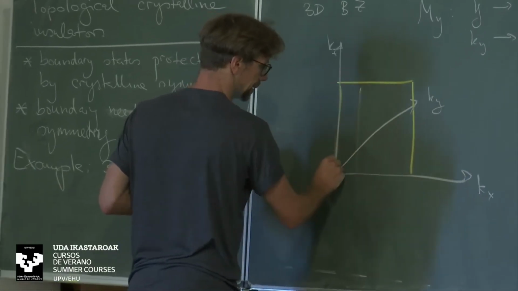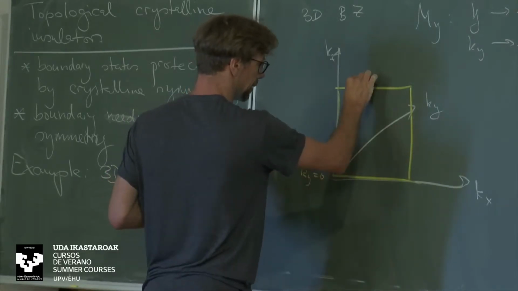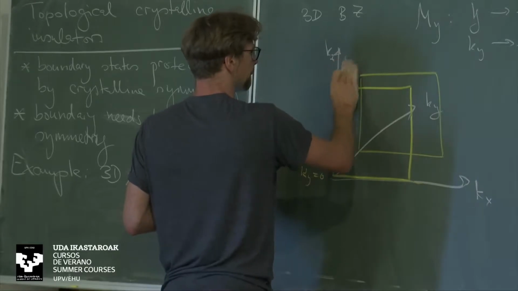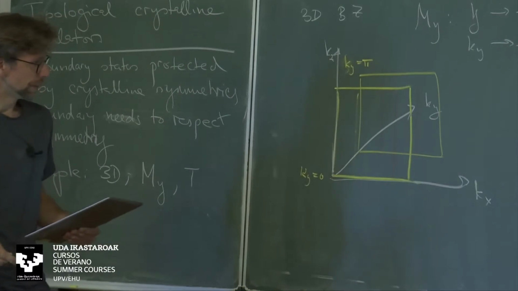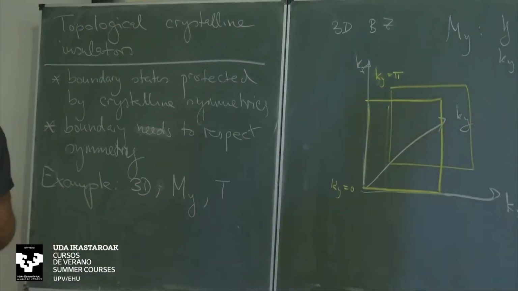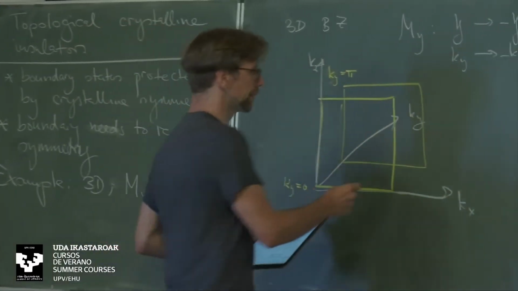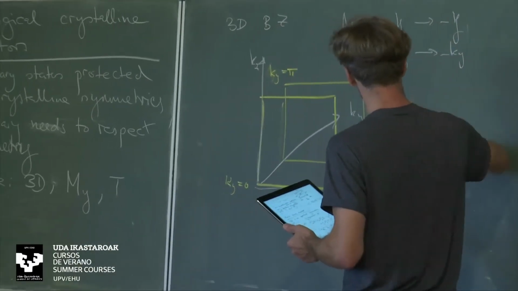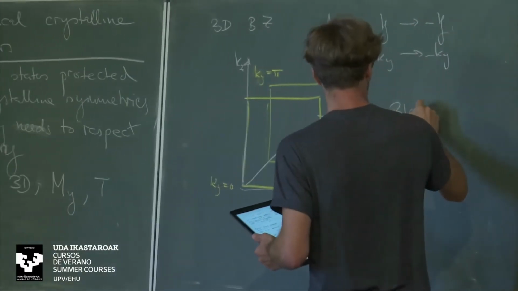The one at k_y equal to 0, and another one at k_y equal to pi. So on these two planes, all the states are mapped back to themselves under the mirror symmetry. And that means these states, the Bloch states, can be chosen to be eigenstates of M_y.